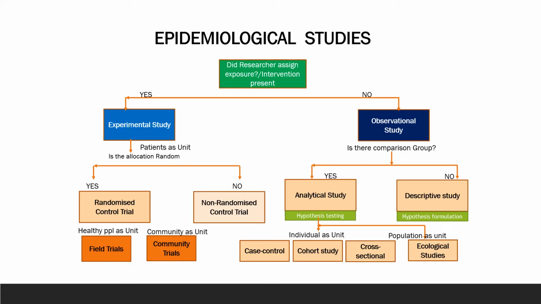Then what kind of epidemiological study do you need to undertake? In this case, it is usually the experimental field trial. So once you get this grid done, you can safely answer at least two to three questions around this area.